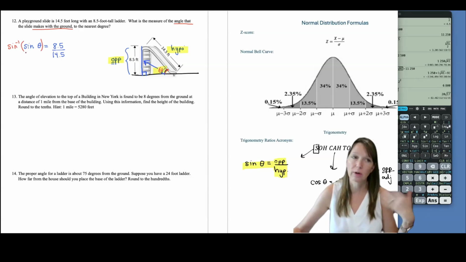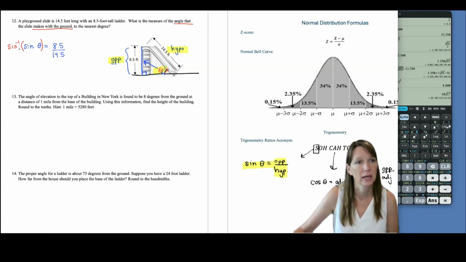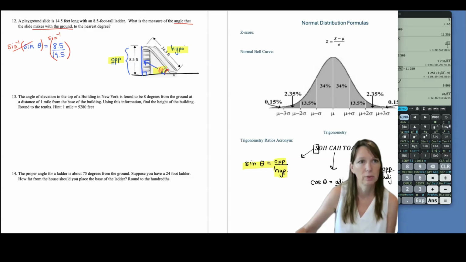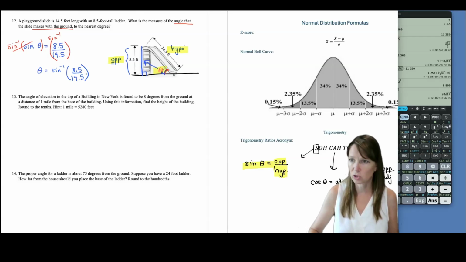And just like a square and square root, it'll get rid of that trig function. And we must do it to each side, just like when we multiply and divide. And we end up with the angle that I want is going to be equal to the inverse sine of 8.5 over 14.5. Okay, let's go to our calculator.